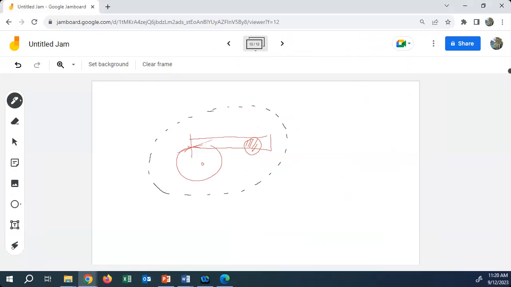So again, normal force, force of gravity, normal force, force of gravity. The cannon exerts force on the cannonball, and the cannonball exerts the same force on the cannon.